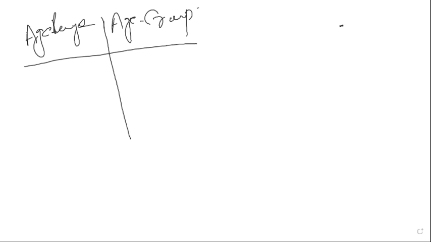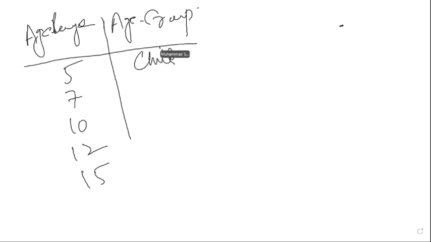So for example, in this example, if we have some sort of data set, or I would say some sort of examples, for example, we have 5, 7, 10, 12, 15. And we say that 5 is child.